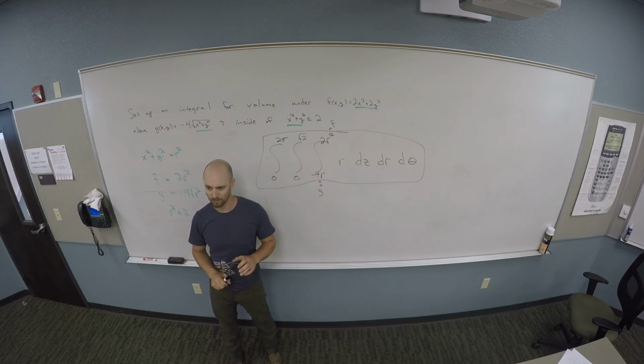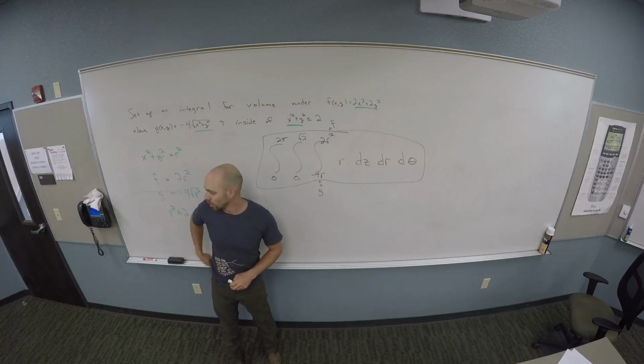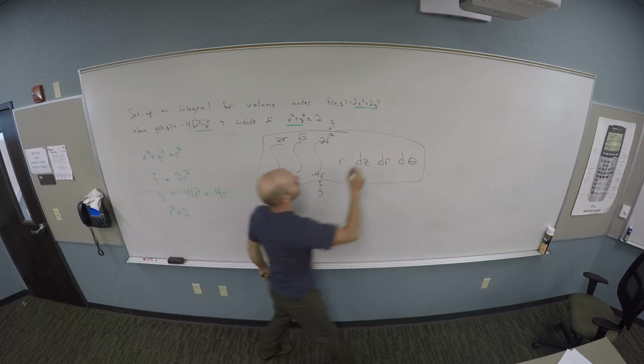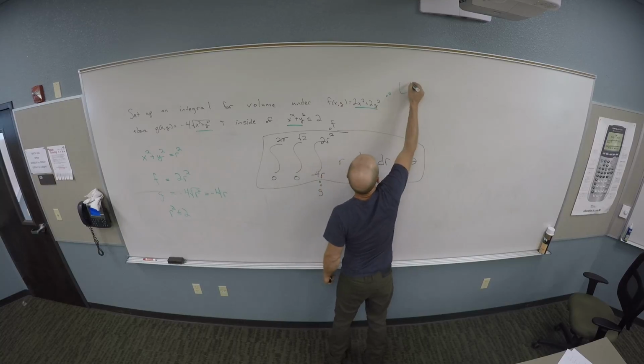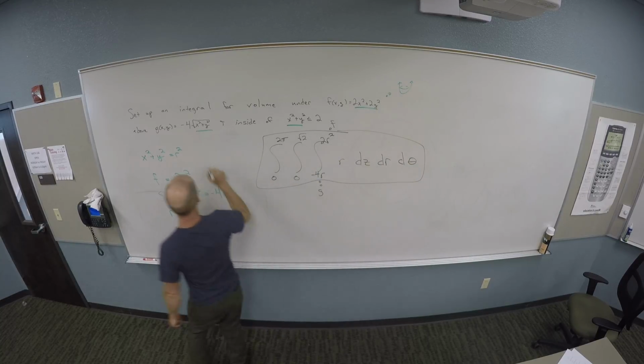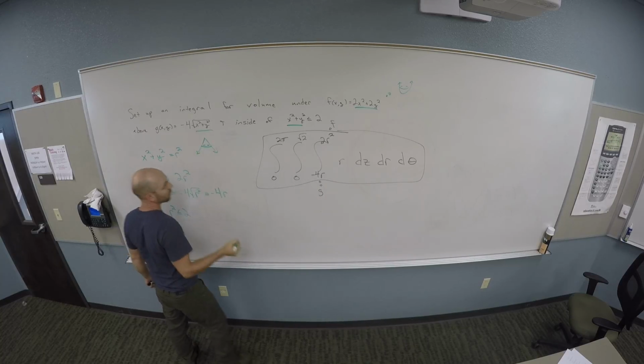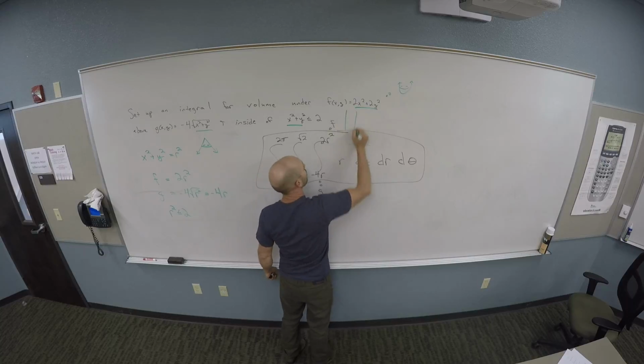Does that help? Yeah. So the kind of not naive way would be to look at this and think, okay, this thing's a paraboloid. This thing's half a cone pointed downwards. And this thing's a cylinder.